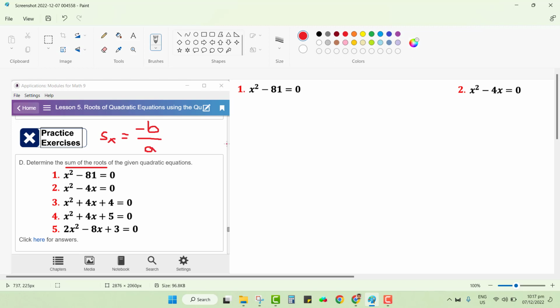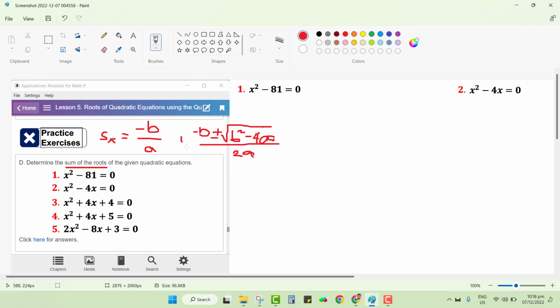This formula was taken from the derivation using the two roots that you could gather using the quadratic formula, which is in the form of negative b plus minus square root of b squared minus 4ac all over 2a.